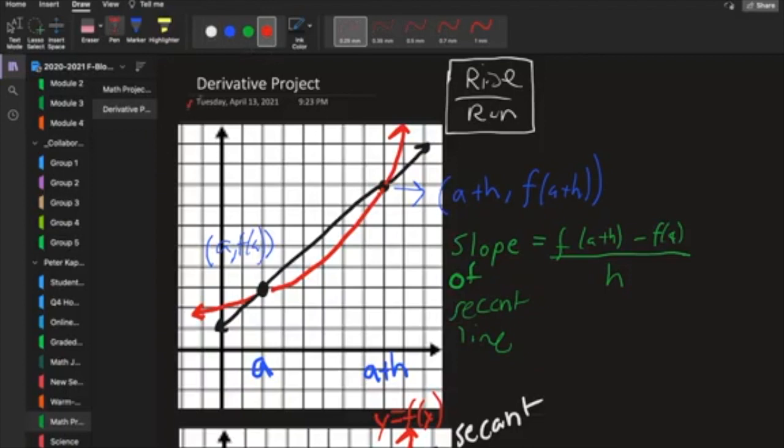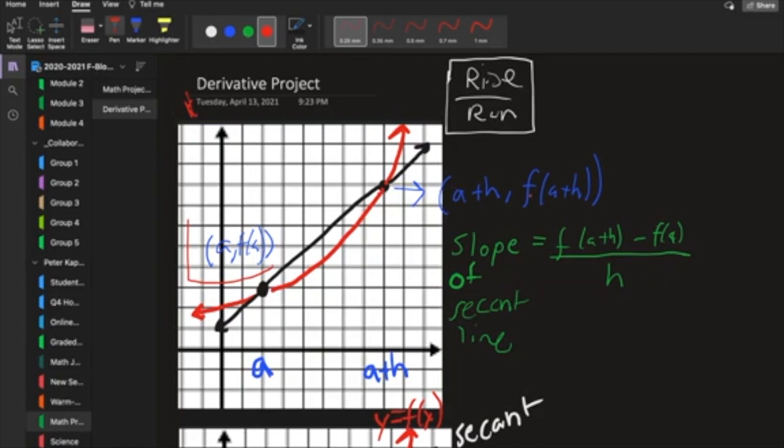right here, we are given the points A, f of A, that is A comma f of A, and A plus H comma f of A plus H. So to get a slope, we want to figure out what the rise and the run is.